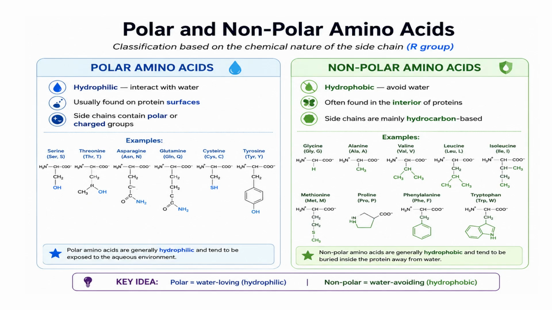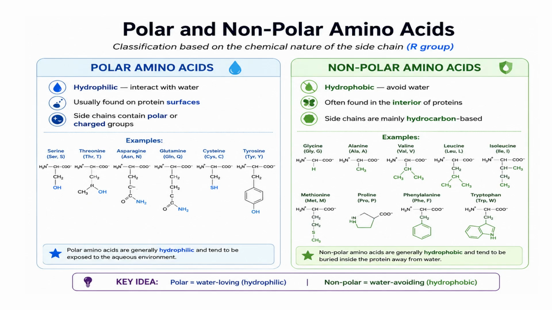Explanation: polar and nonpolar amino acids. Amino acids are classified as polar or nonpolar mainly according to the chemical properties of their side chain, the R group. The R group is the part of an amino acid that differs from one amino acid to another and determines many of its chemical properties.